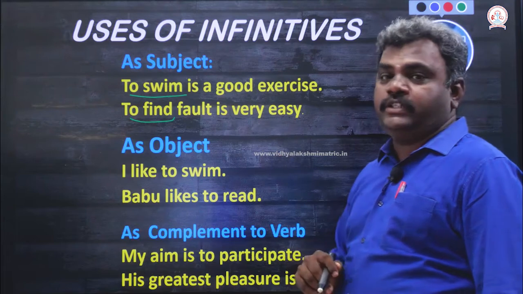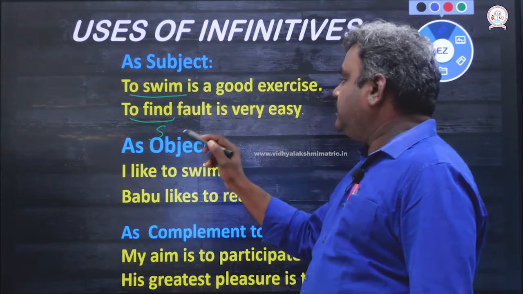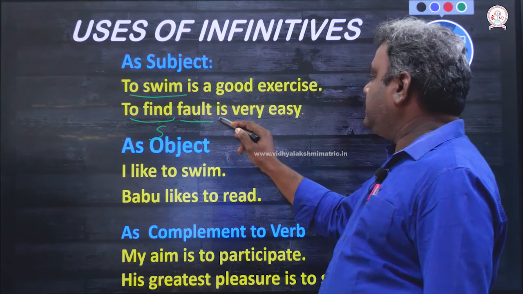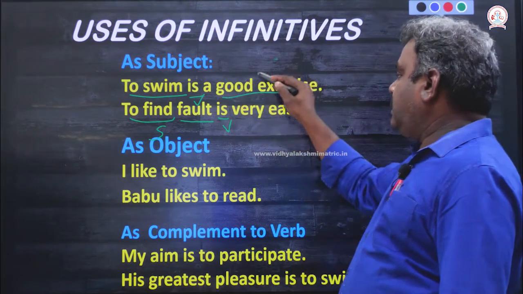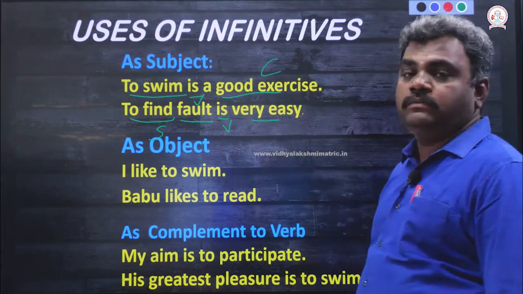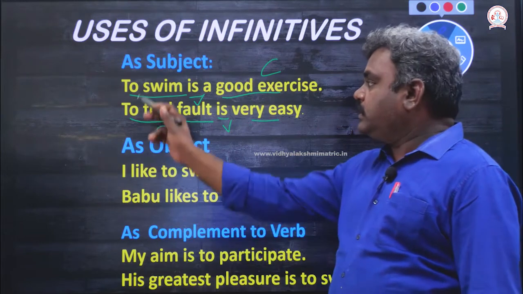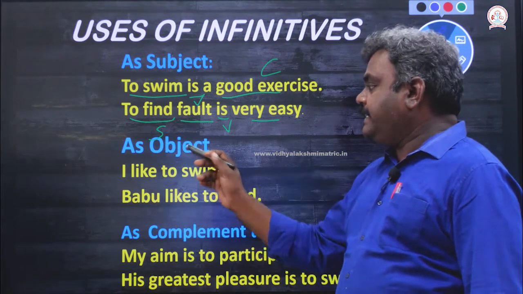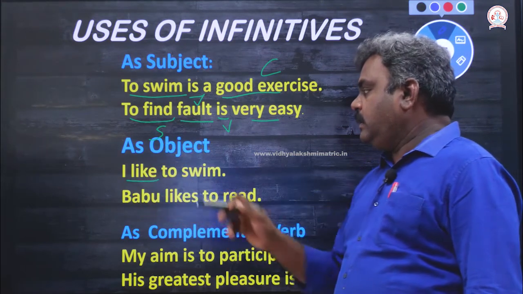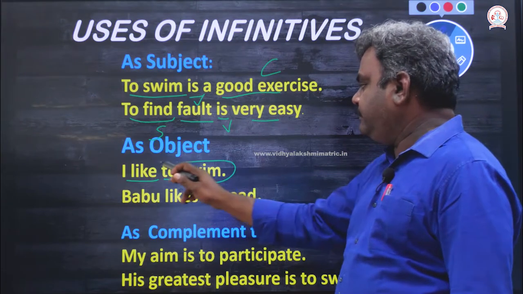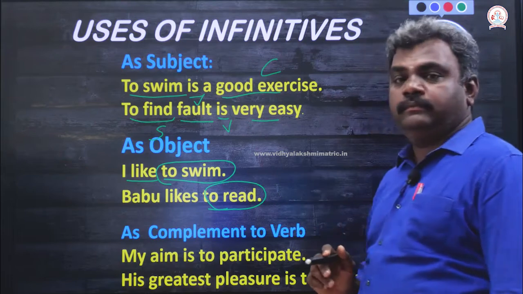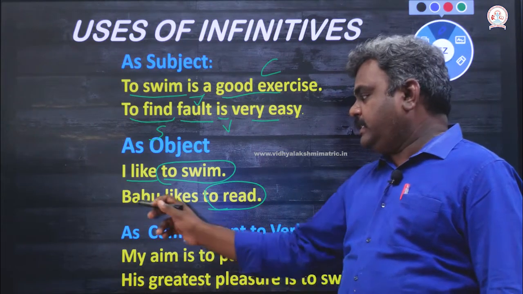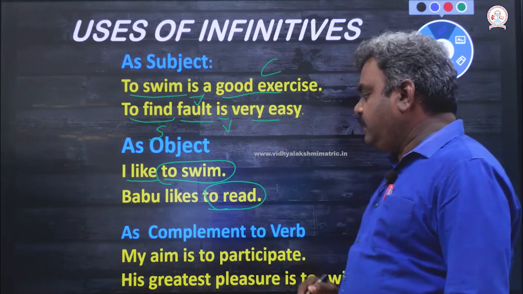It comes as a subject, followed by the verb, complement and remaining things. As an object: I like to swim. Babu likes to read. Subject, verb, that's all.